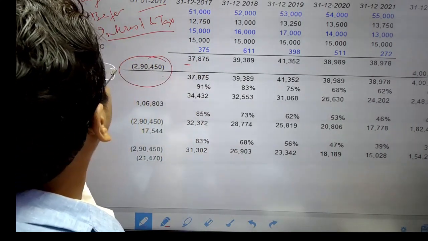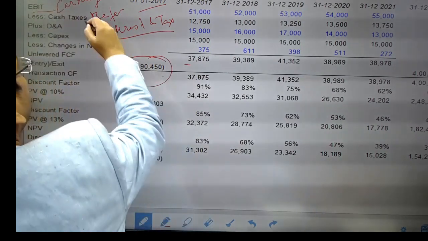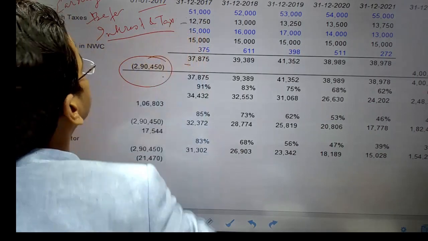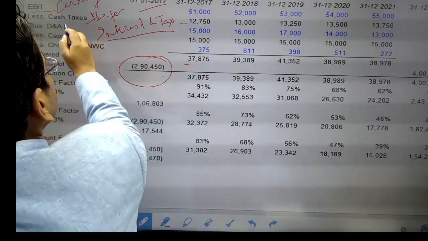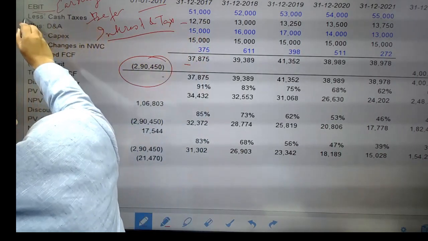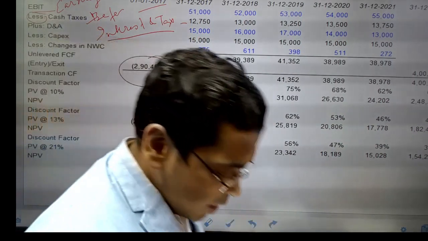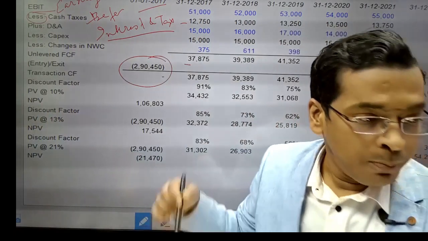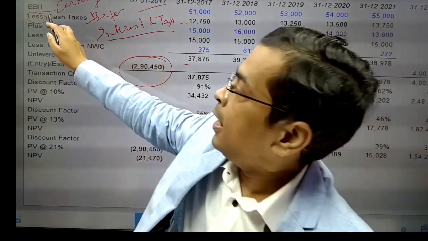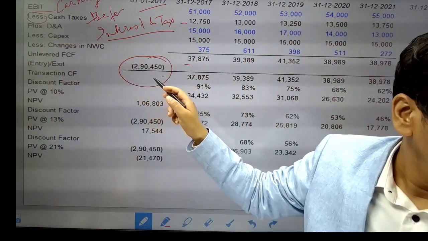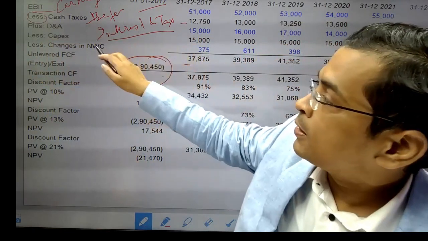Then we also need to adjust the taxes which will be paid. Just to keep in mind, when it is being paid, we call it less. When it is added as a cash flow, it is considered plus.